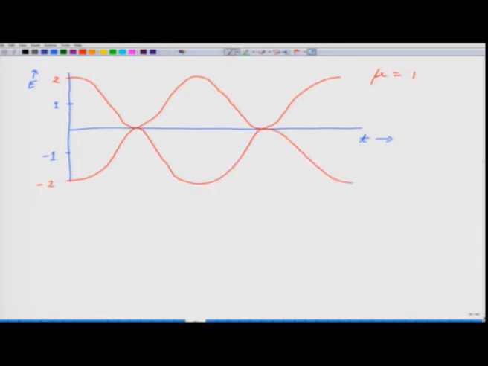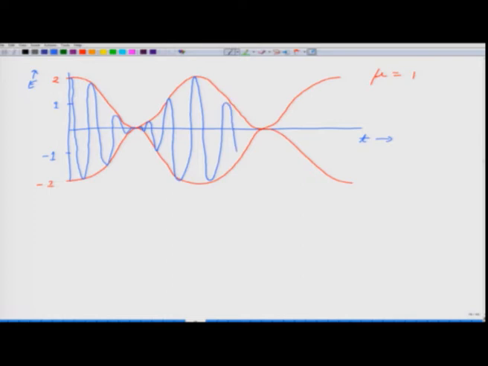So it will behave like this, and from the negative side it will come here, and the wave will be very nicely represented as such. And the amplitude modulated wave will now be represented by this blue curve, and we see that at minimum it is 0, not exactly minimum at 0, but there is no unwanted signal.